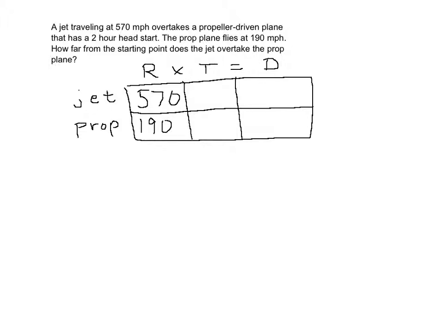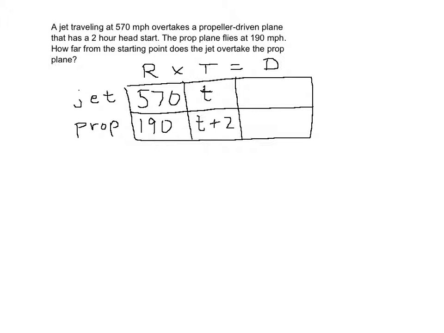Now we have to interpret this important information that the propeller plane has been flying 2 hours longer than the jet plane. So if the jet plane is traveling for t hours, then the propeller plane is flying for t plus 2 hours, right? 2 hours more. That expresses that relationship.